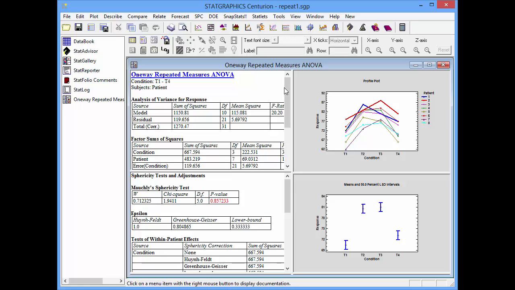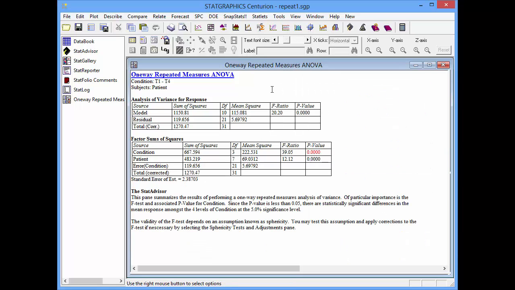The second thing to look at is in the upper left corner, where there is an Analysis of Variance table. The most important line is the line for condition in the factor sums of squares table. Since the p-value here is very small, it indicates that there are significant differences between the means at the 4 time periods.